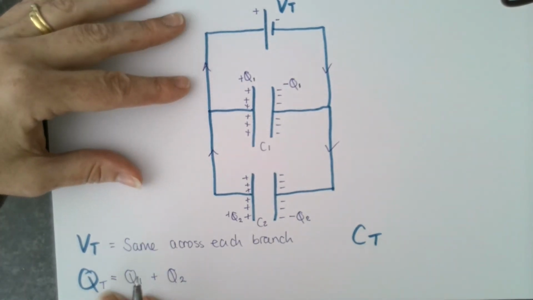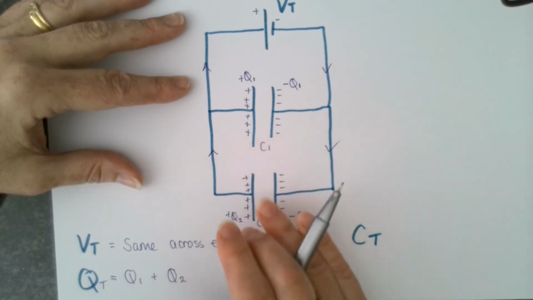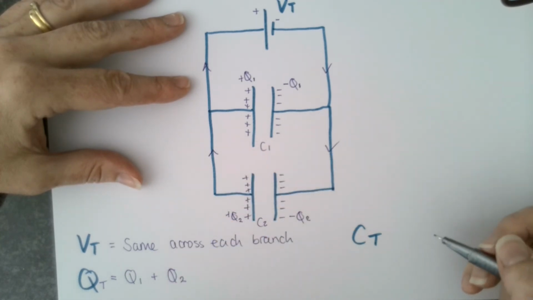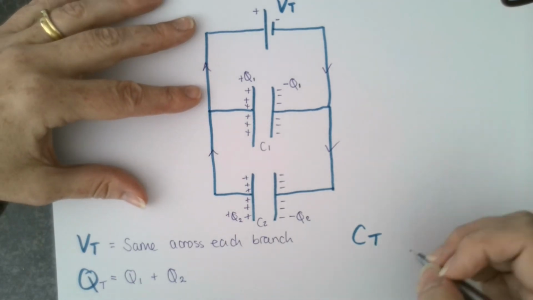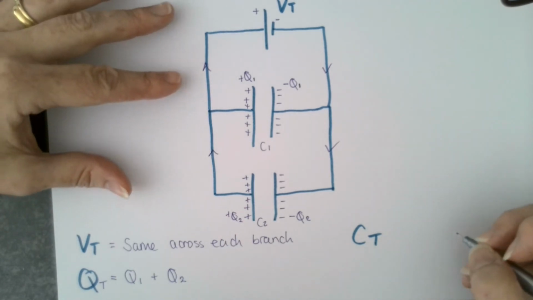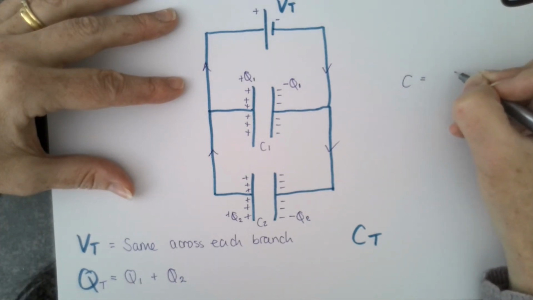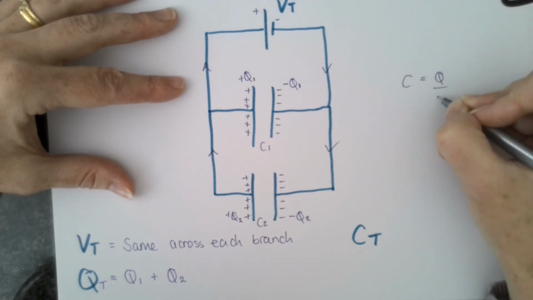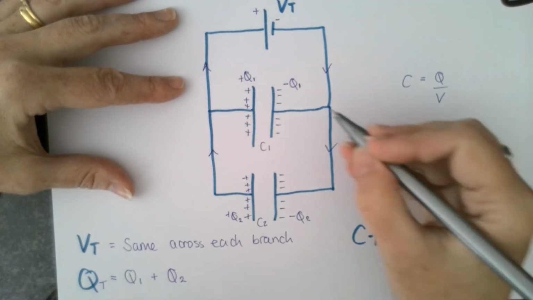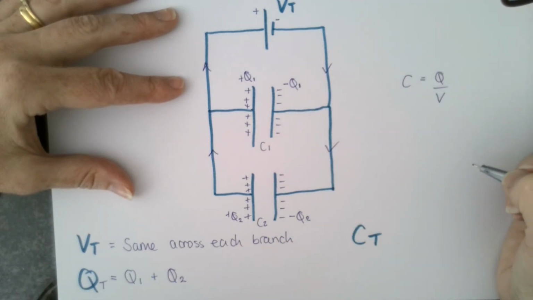So the total charge is the sum of the charges stored in each branch of the circuit, and our capacitance equation is Q over V. Well, in parallel, V is the same everywhere.